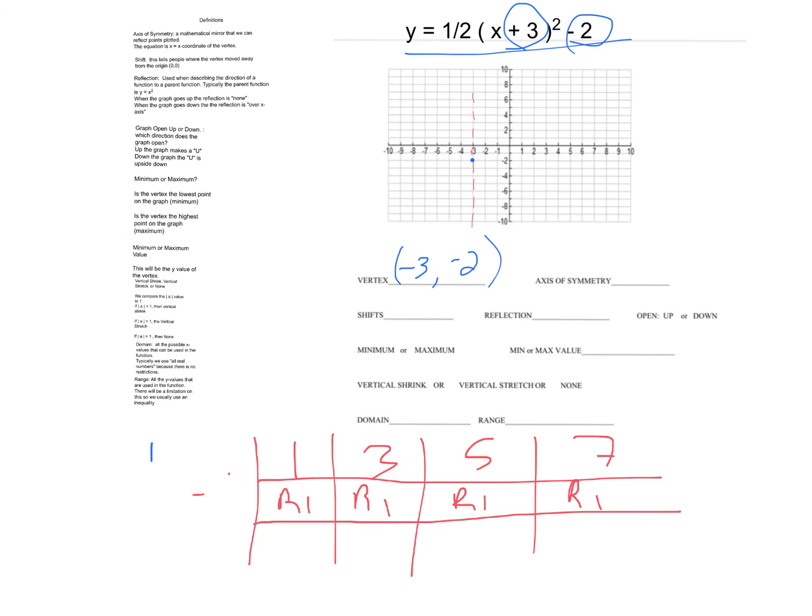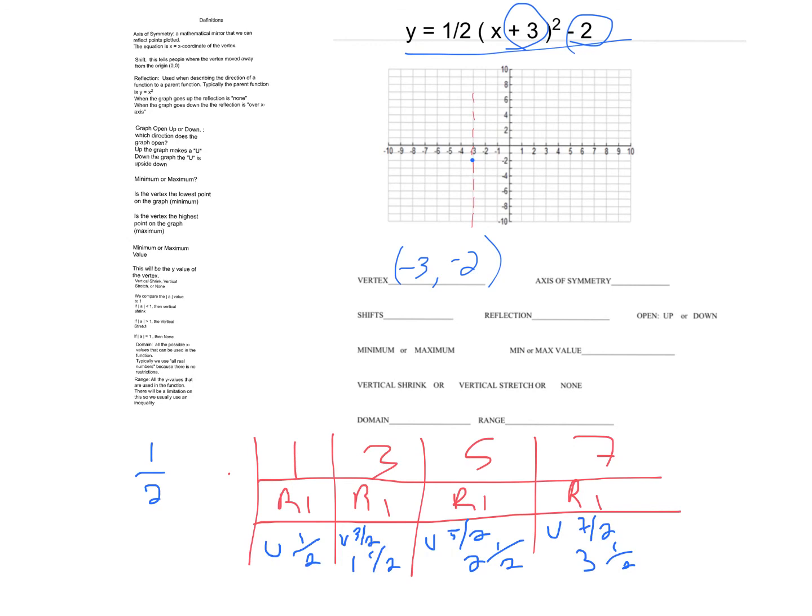So this is going to be a little interesting, but I think we can handle it. 1/2 times 1 is positive 1/2, so we're going to go up 1/2. 1/2 times 3 is 3/2, so up 3/2, which is really 1 1/2. 1/2 times 5 is up 5/2, which is really 2 1/2. And 1/2 times 7, so up 7/2, which is up 3 1/2. Alright, so there's our pieces.